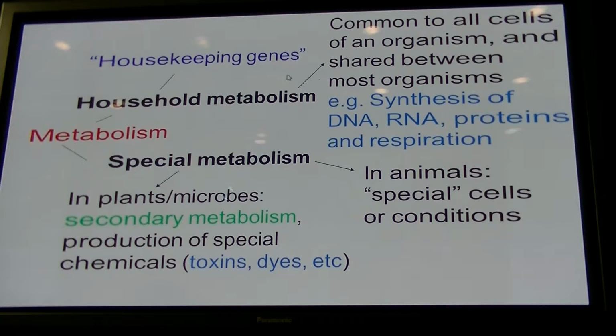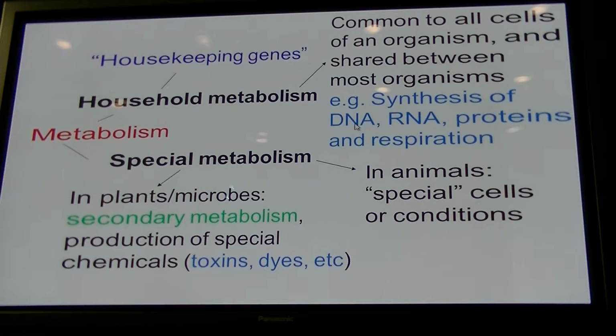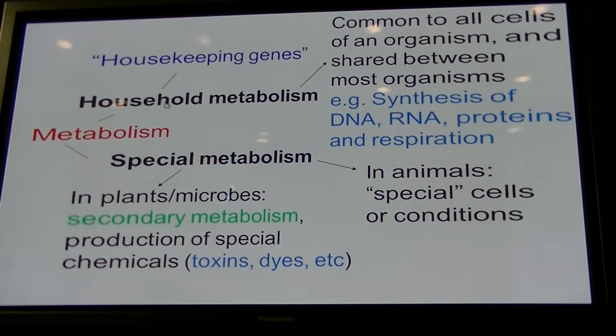So the metabolism that's common to all of your cells, that's, for instance, whatever you need for the synthesis of DNA, RNA, proteins, respiration, and a lot of other pathways, we can call that housekeeping metabolism. Some people really don't like that term, housekeeping. I don't have a problem with it.